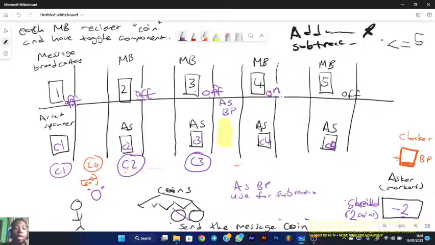Then this asset spawner basic platform should always be in front of the last coin.